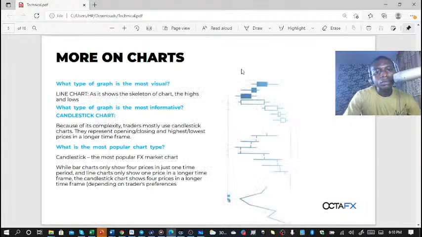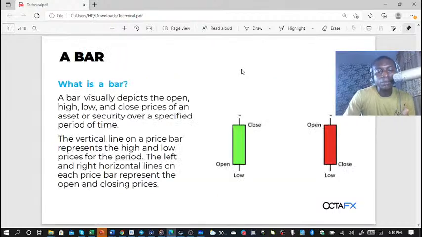Looking at the candlestick chart as we've explained, let me pull this up. Now the candlestick chart opens here, goes up to this level, comes down, and closes at this level.